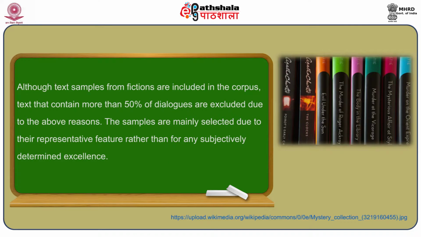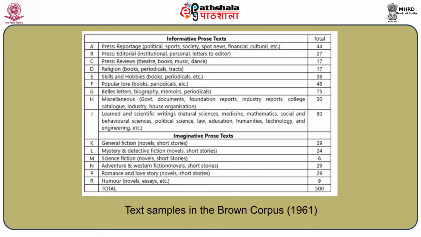Although text samples from fiction are included in the corpus, texts that contain more than 50% of dialogue are excluded for the above reasons. The samples are mainly selected for their representative features rather than for any subjectively determined excellence.